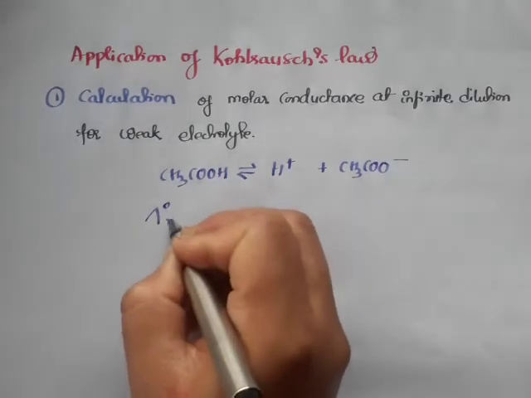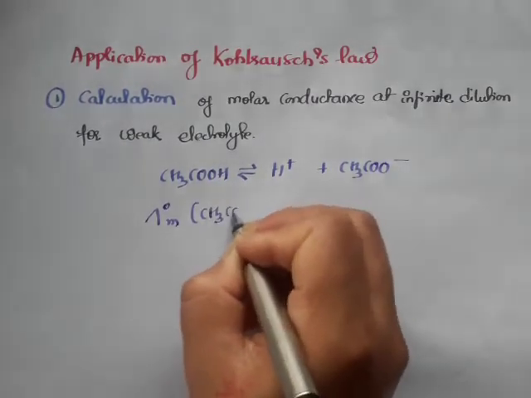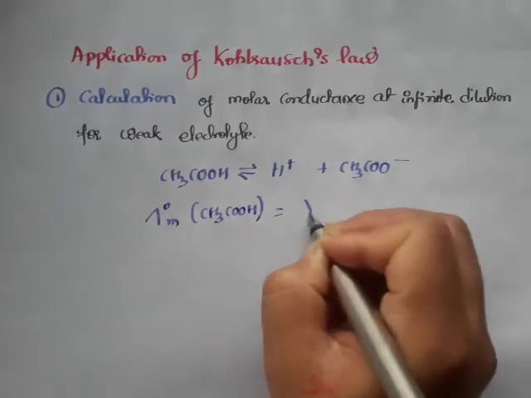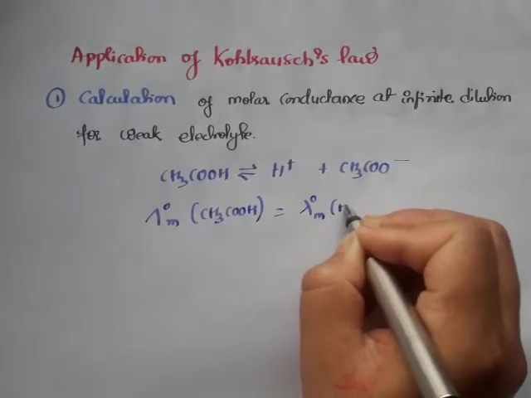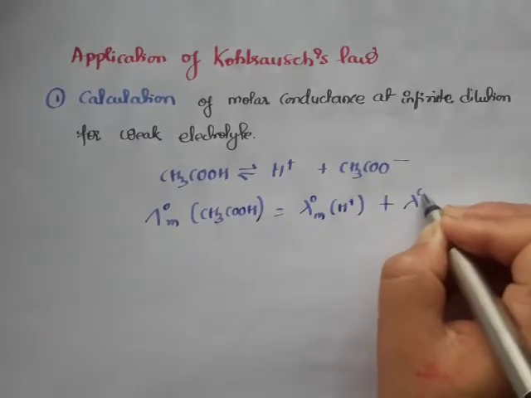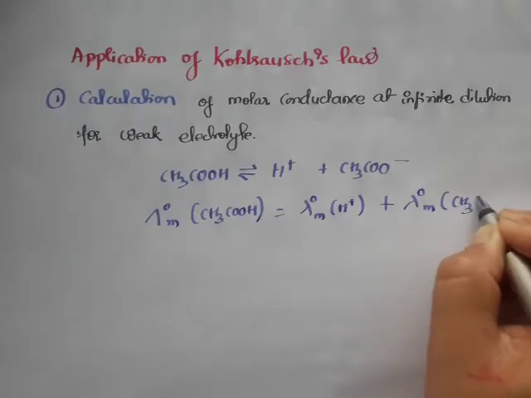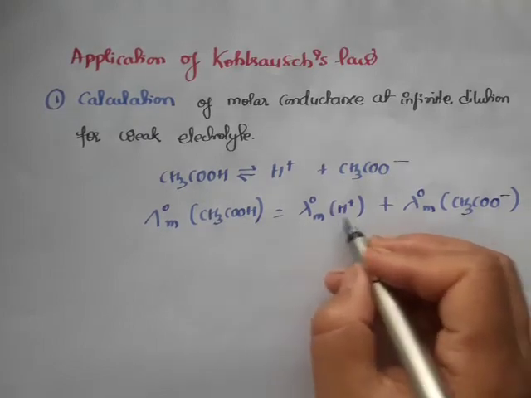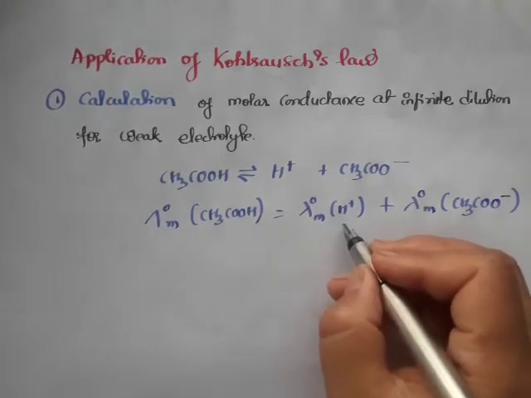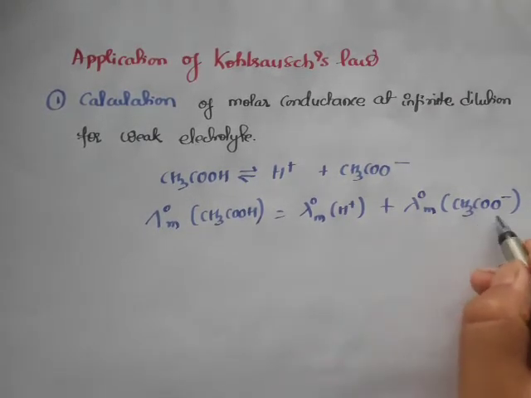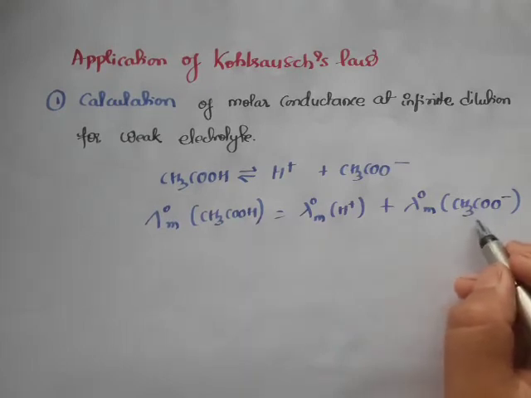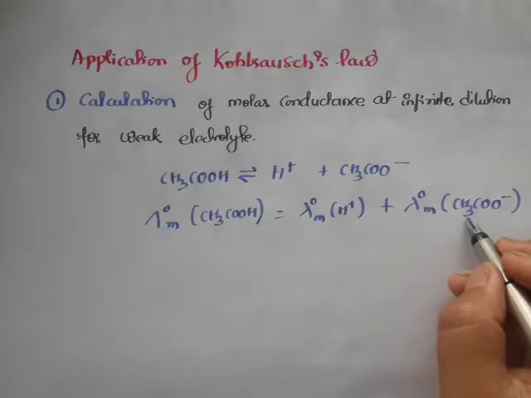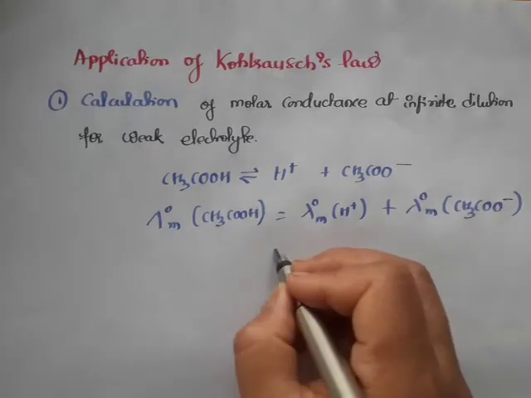Now, the limiting molar conductivity of acetic acid is the limiting molar conductivity of your H plus and CH3COO minus ions. Think of this H plus coming from a strong electrolyte, HCl, and think of this acetate ion coming from a strong electrolyte, sodium acetate.